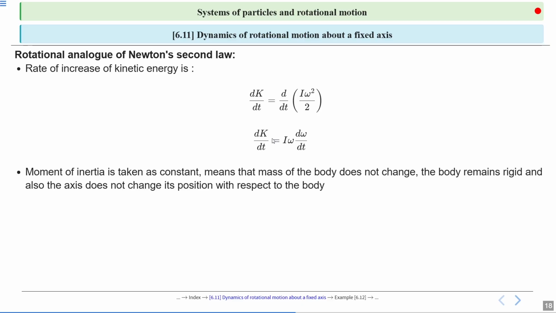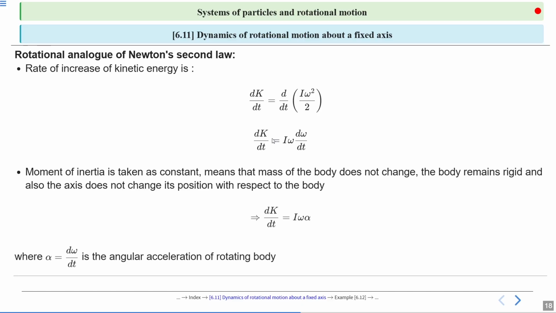It means the mass of the body does not change. So the body remains rigid and also the axis does not change its position with respect to the body. So here dK upon dt is equal to I omega alpha. Here d omega upon dt is alpha, the angular acceleration of the rotating body. All right.